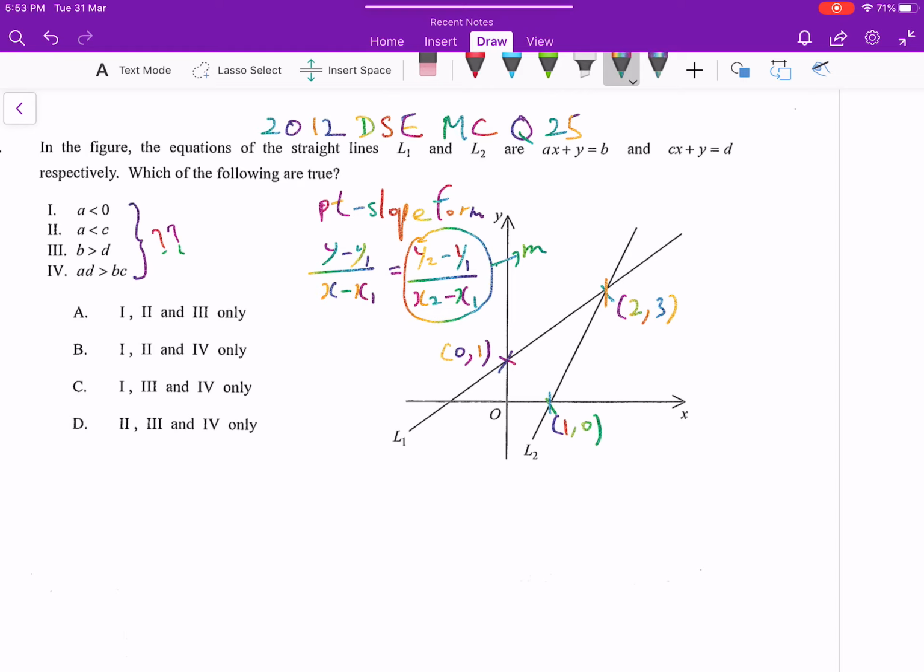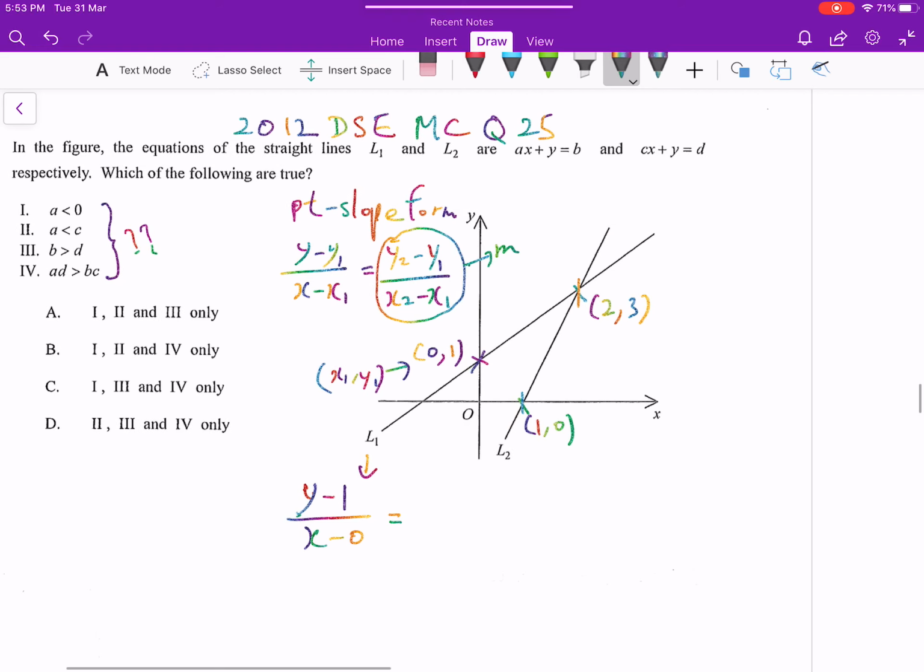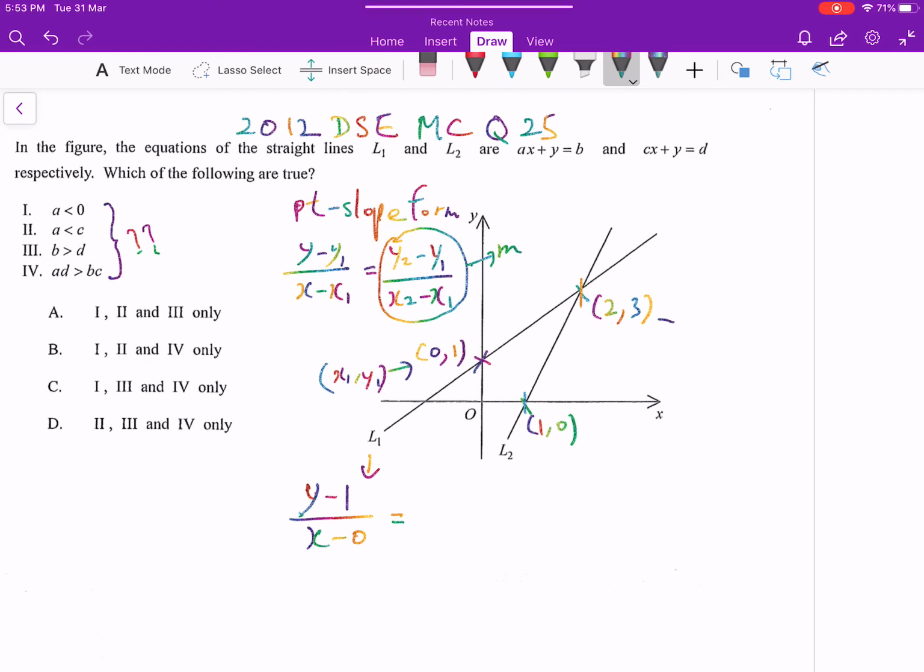Let's do L1 first, using the equation of a straight line. For (y − y1), I will use this point as (x1, y1), so (y − 1)/(x − 0) equals, and this other point must be (x2, y2).